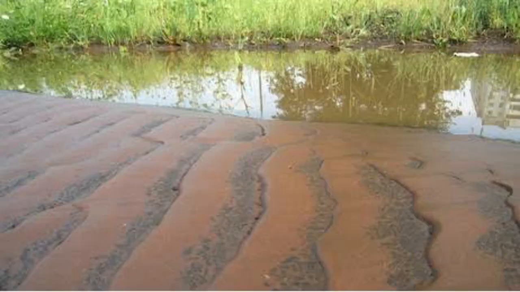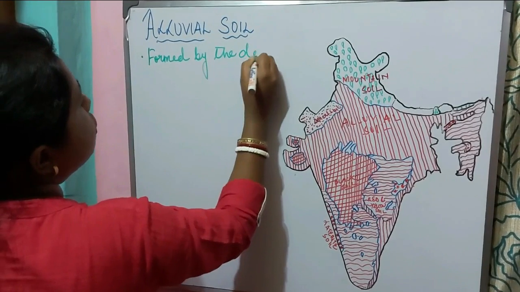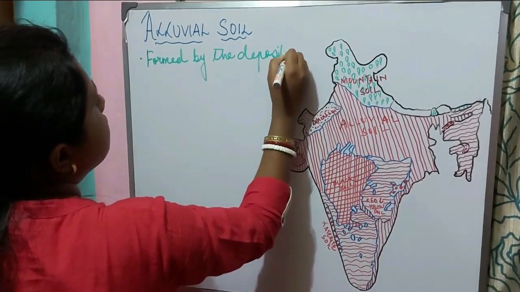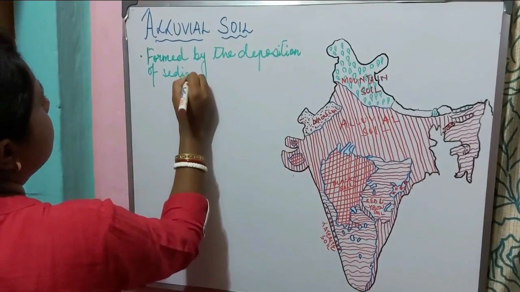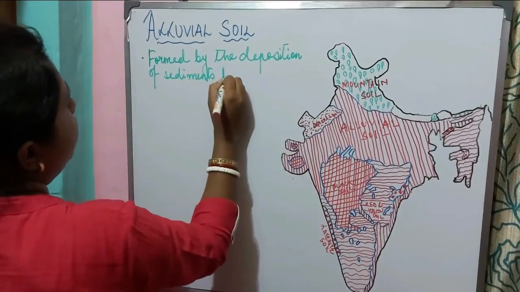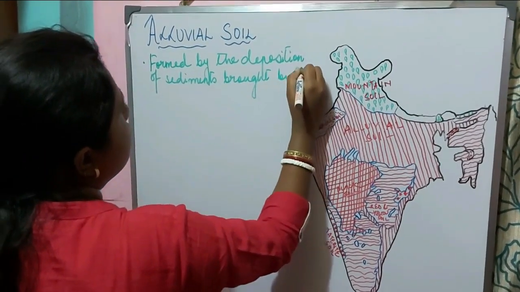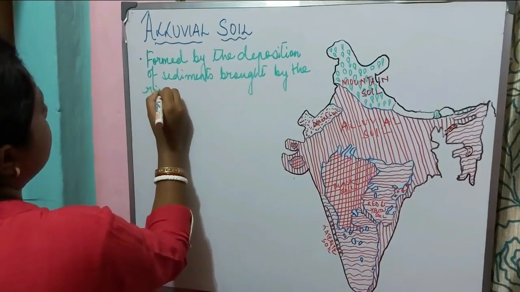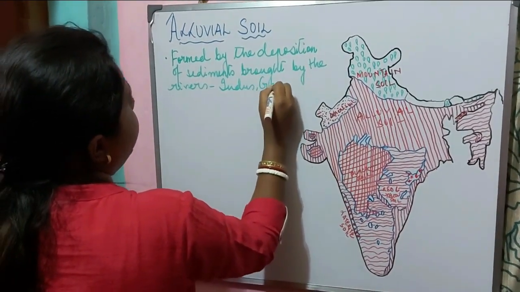Alluvial soil is formed how? By the deposition of sediments brought by the rivers. Thus Ganga and the Brahmaputra.